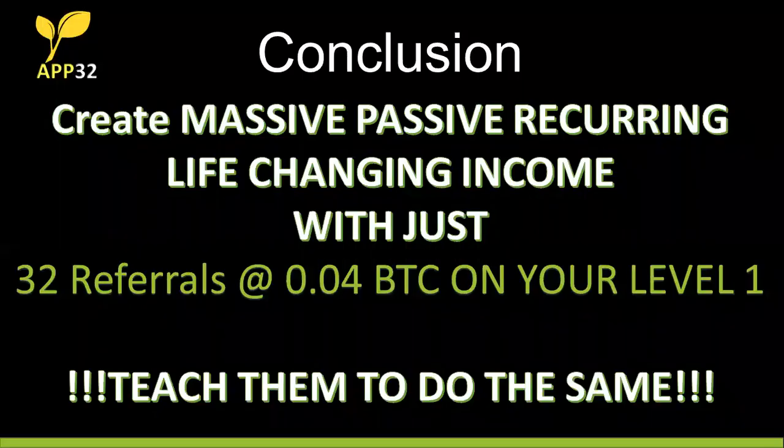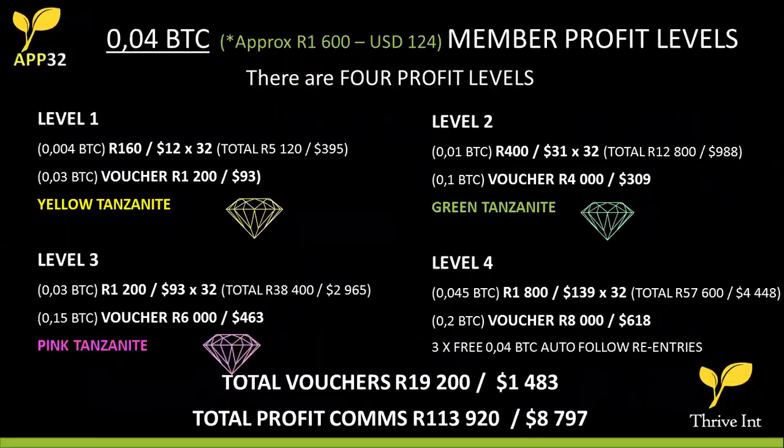So you can see in conclusion that we're creating massive passive recurring life-changing income with just introducing 32 referrals at a 0.04 Bitcoin on your level 1 in the uni level structure. And you teach them to do exactly the same. But remember that you're doing all of this by just sharing that scratch and win.